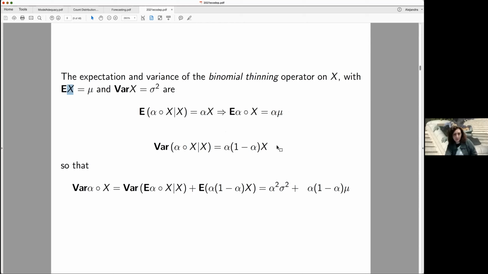So the variance of the thinning is alpha square sigma square plus this term here that is added because of the total variance formula.